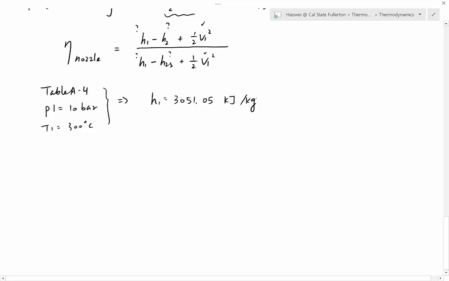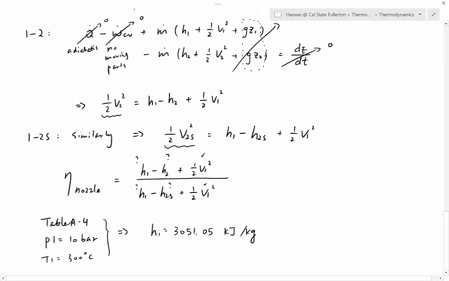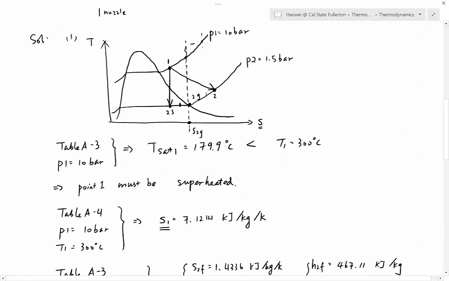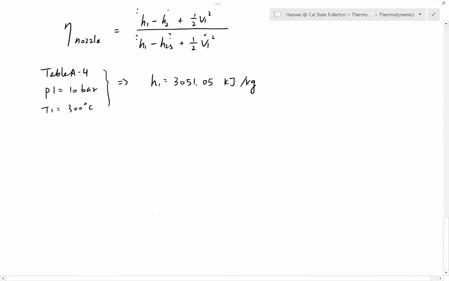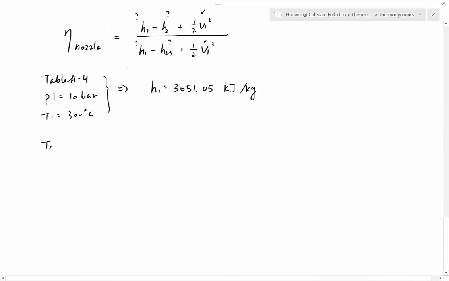Next, let's look for H2. How do we look for H2? Again, we need to first identify the phase of number 2. Let's go back to the diagram. Number 2 is to the right side of the vapor dome, so it must be superheated. So again, you need to go to table A4. To use table A4, we have to have two inputs.